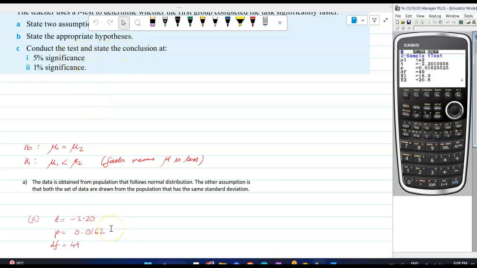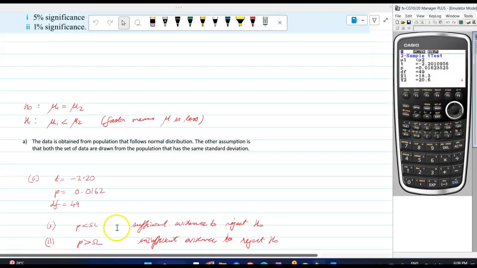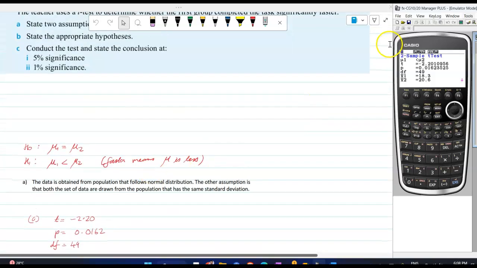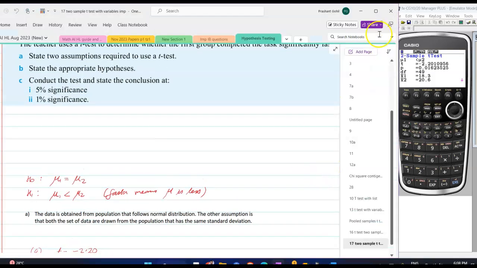There is sufficient evidence to reject H naught at 5%, and at 1%, insufficient evidence to reject H naught. So how many types are there? Four types.